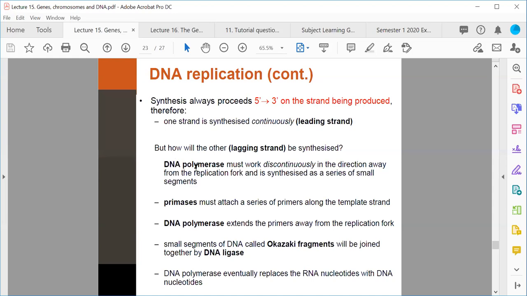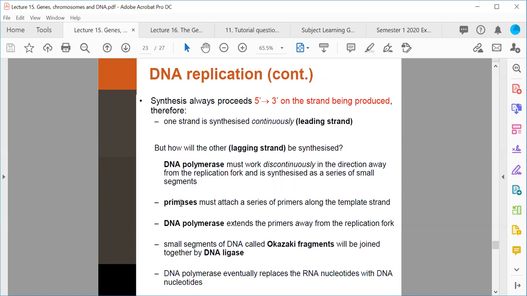The DNA polymerase has to work discontinuously in the direction away from the replication fork. Remember, the replication fork is where the double-stranded DNA is unwinding and separating to enable replication to take place. So the DNA on this particular strand is synthesized as a series of small segments.